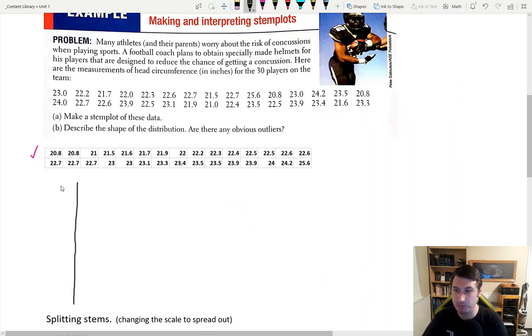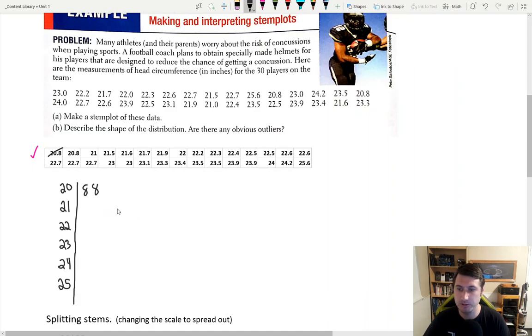So I think a good way to do this would be just start at my 20s, and then all my 21s, all my 22s, all my 23s, all my 24s, and then all my 25s. And so then each one of these here will be 20.1, 0.2, 0.3, 0.4, 0.5, etc. And then all my 21s. So the first two, 20.8, so it'll be 20.8, and then another 20.8.